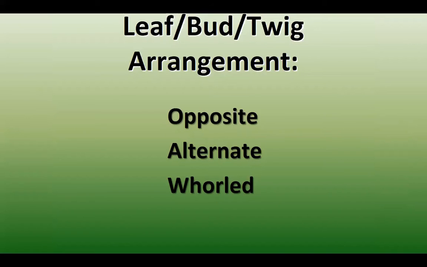There's also whorled, but that's very, very limited. The nice thing about opposite is that it's relatively limited. So if you find the opposite arrangement, then you know it's just one of a very small group, and you're well on your way to identifying what the tree is.